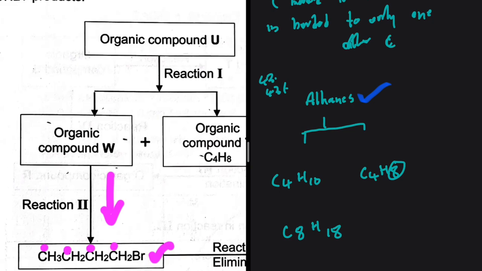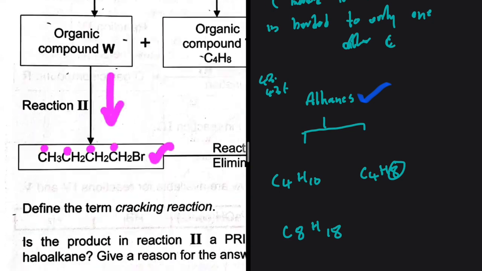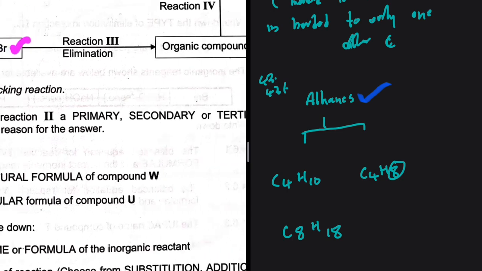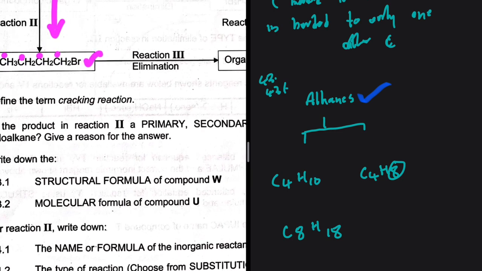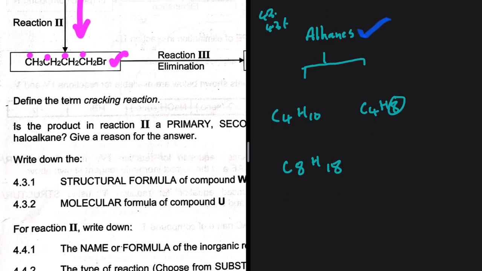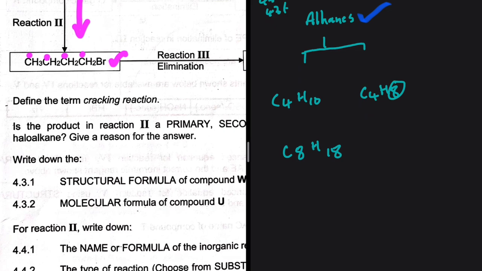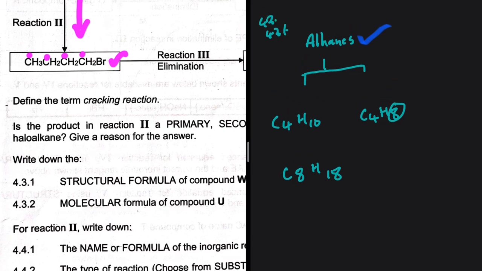Compound W is butane, right? So the question, what does it say? Structural formula of compound W. So not the molecular formula, but actually the structural formula. So you need to deduce what compound W is, but then on top of that, actually draw the structural formula.